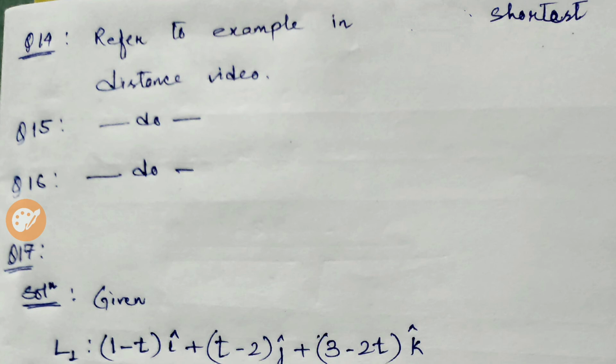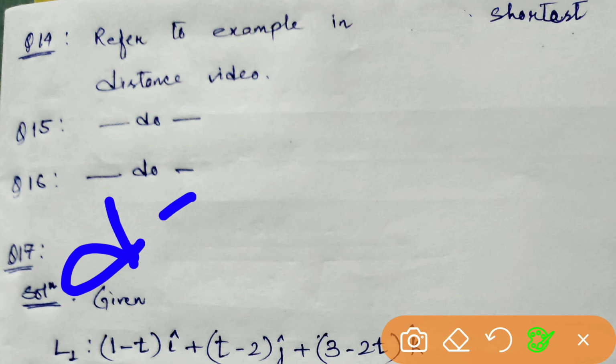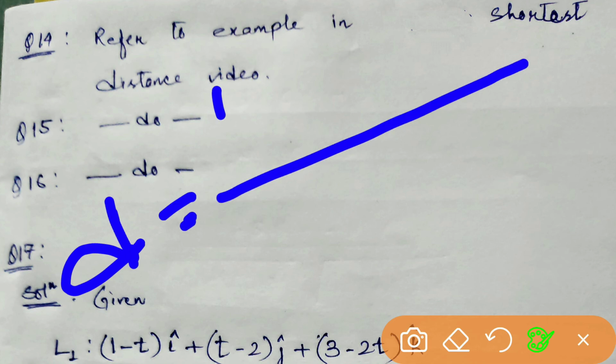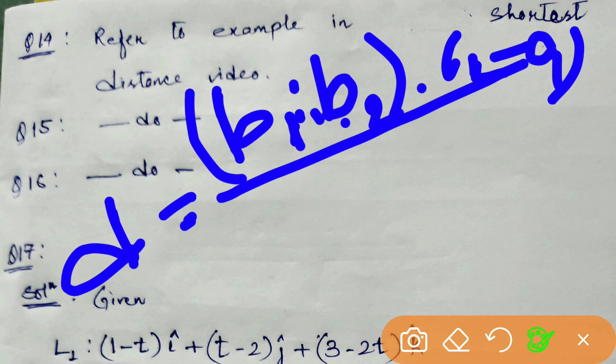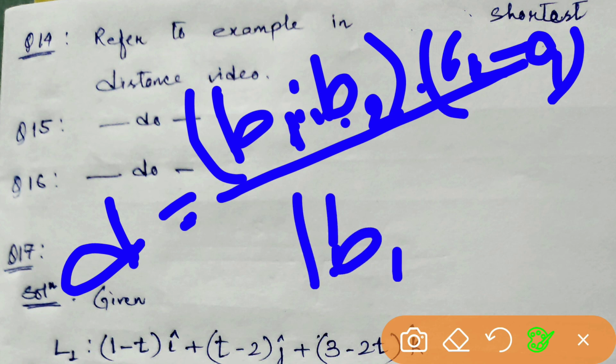Now question number 14 says find the shortest distance between the lines. So the vector form of the lines is given to you. Now you know how to find the shortest distance. For non-parallel lines, D is equal to the magnitude of B1 cross B2 dot A2 minus A1, divided by the magnitude of B1 cross B2, right?